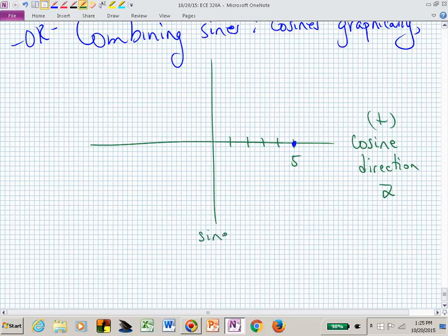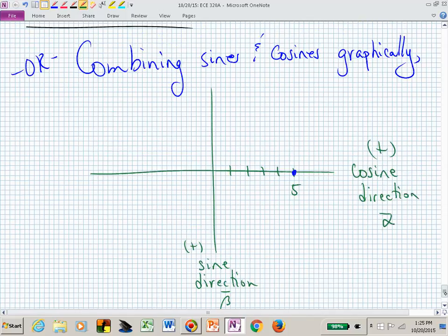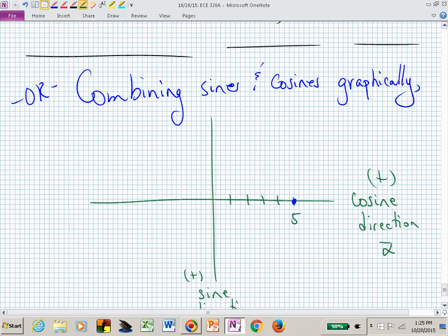The positive sine direction is down here. And this was our beta bar. And what was our beta bar? It was minus 8/3, so we have to go up to right there. And now we just combine those.